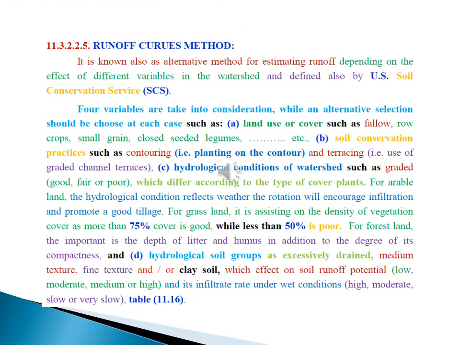Runoff curve number method. It is known also as an alternate method for estimating runoff depending on the effect of different variables in the watershed and defined also by the U.S. Soil Conservation Service, as shown in the enclosed table.